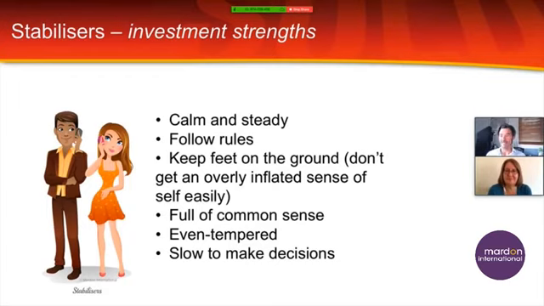And they will become extremely comfortable in that system. So I'm sure everyone can see there's real strengths in that compared to the motivator or the trailblazer, who might be, wow, I'm sick of this. Let's go do something else. So they're very grounded and methodical.